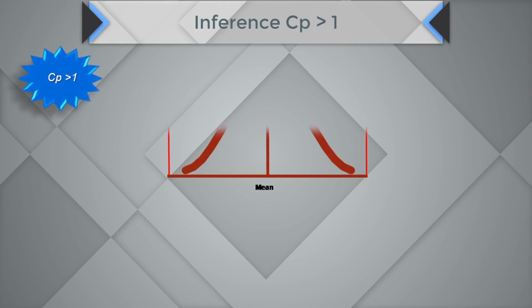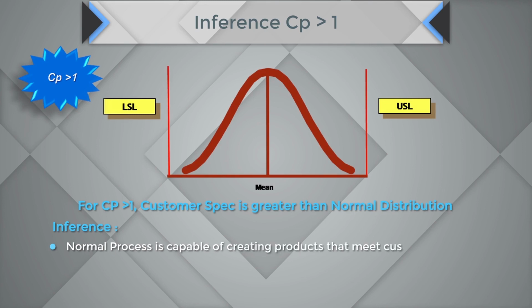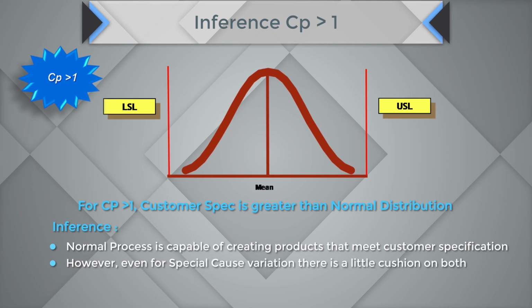Cp greater than 1 would mean that the customer specification is greater than the normal distribution, which is that my normal process is capable of creating products that meet customer specification. However, even for special cause variation, there is a little cushion on both the sides.